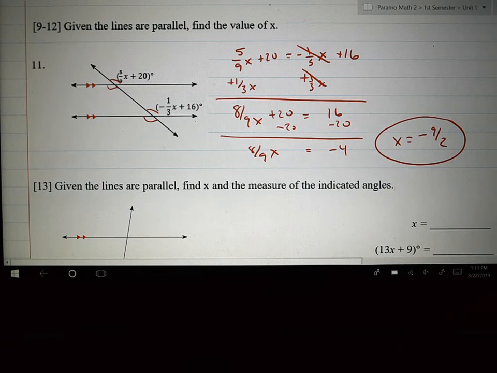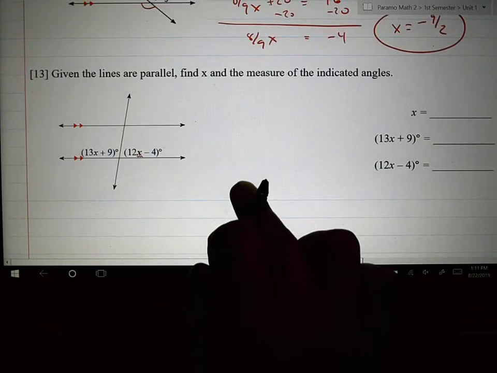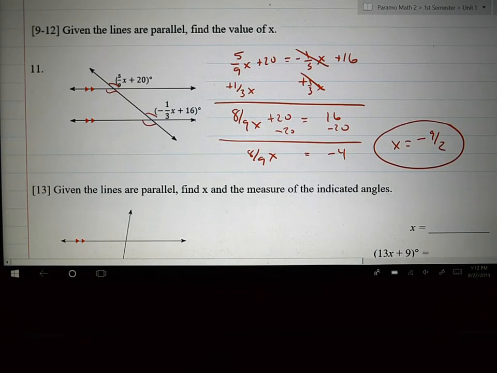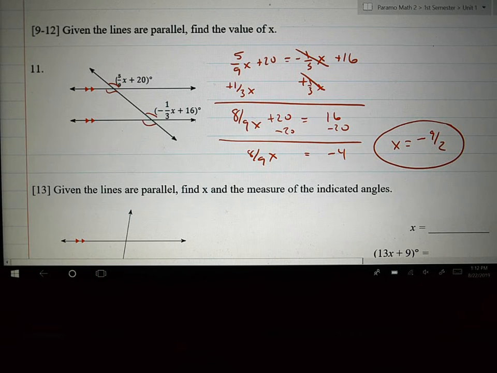The only other example that I have for you is this number 13. And I need to warn you about something about number 11 versus number 13. What number 11 does that a lot of you forget about is that it asks what is the value of x. It asks you to find the value that will make these two things the same.